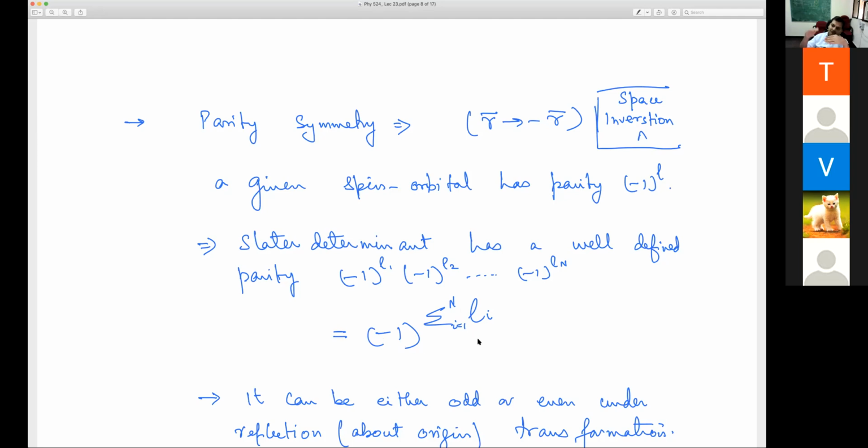So each of the Slater determinant states will have a definite parity, and parity is important because using parity I can rule out a lot of optical transitions. It becomes easier to think of the system without doing calculation, in terms of parity symmetry.